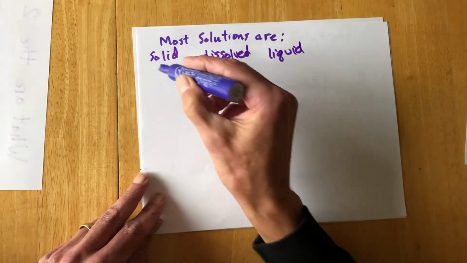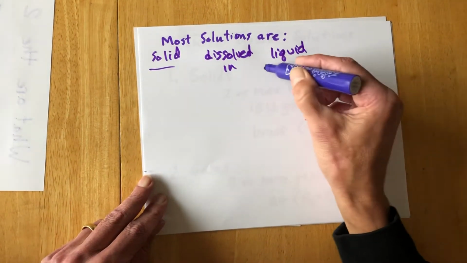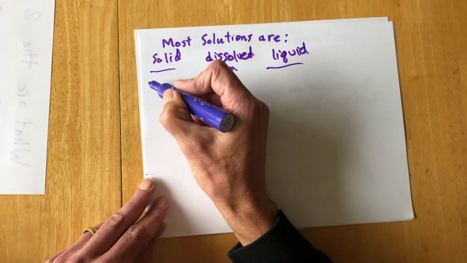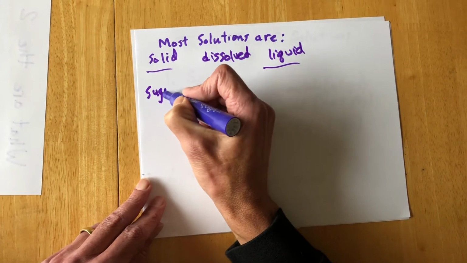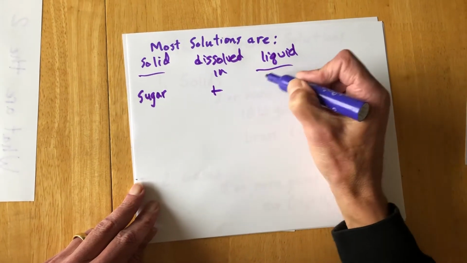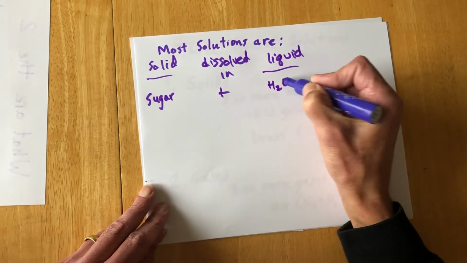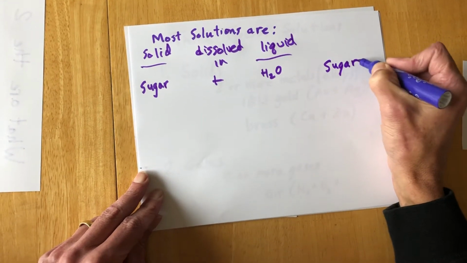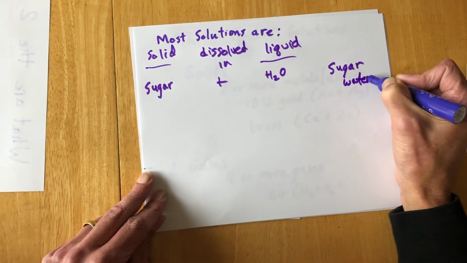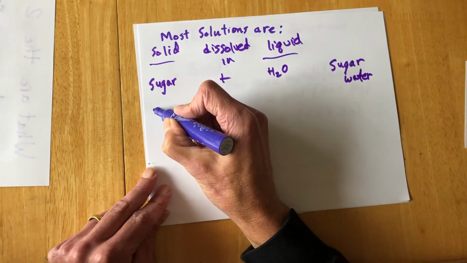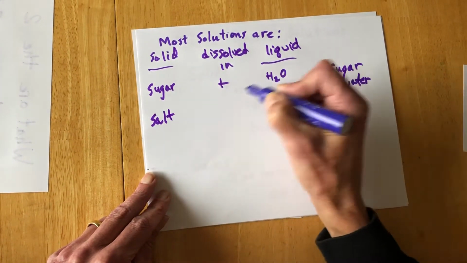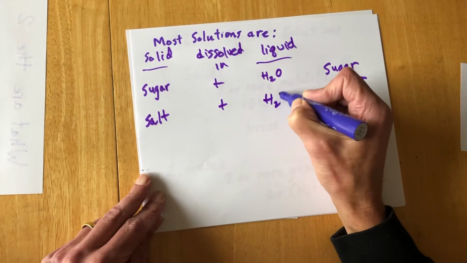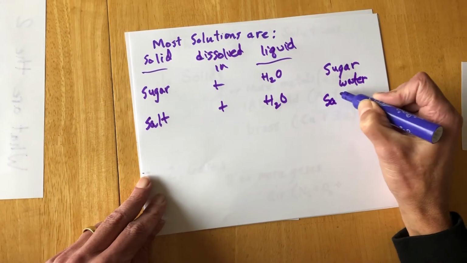So, a good example would be sugar dissolved in water, and that would give you sugar water. Take another good one. Salt mixed in water, salt water.